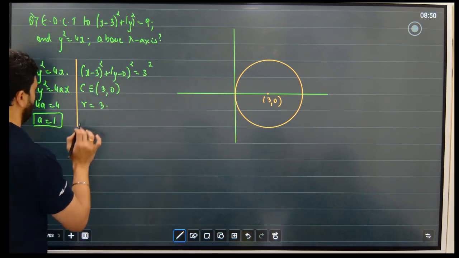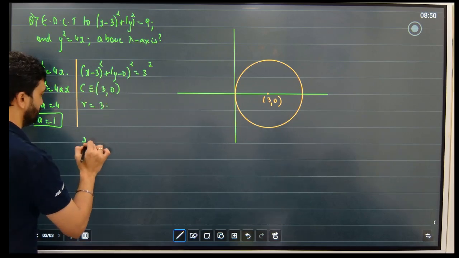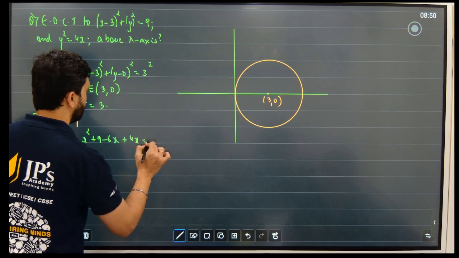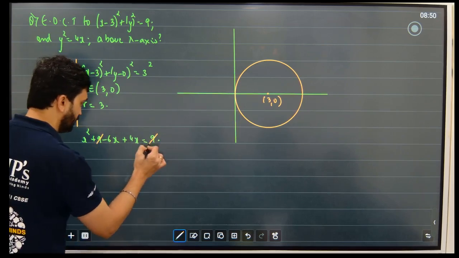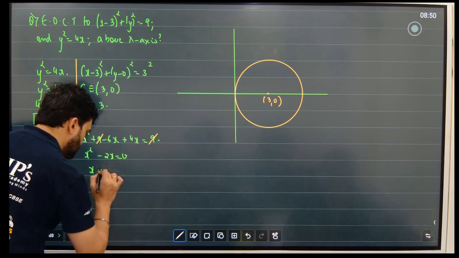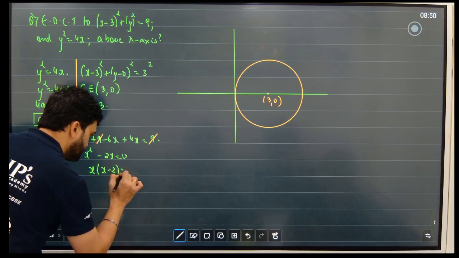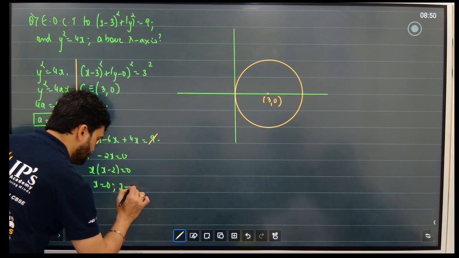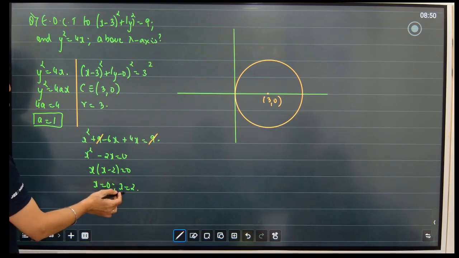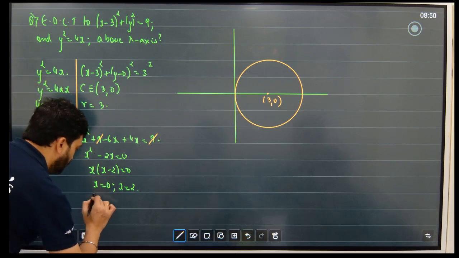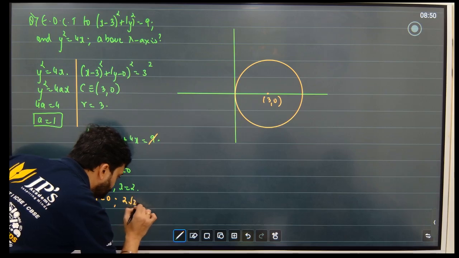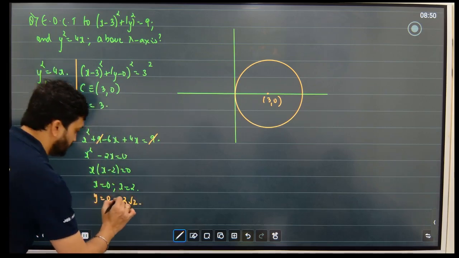Say for example, just for your curiosity, if I expand this, this will become x square plus 9 minus 6x plus 4x is equal to 9. This 9 cancels, that 9 cancels, so I am getting x square minus 2x is equal to 0. So x into x minus 2 is equal to 0, so x is equal to 0 and x is equal to 2. So I have understood that they are intersecting at x is equal to 0 and x is equal to 2. If x is 0 then y will also be 0, and if x is 2 then y will become 2√2, and it will be plus minus.